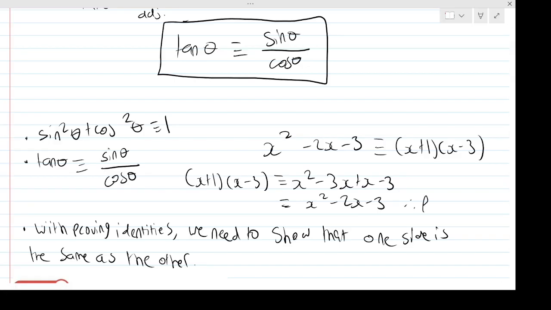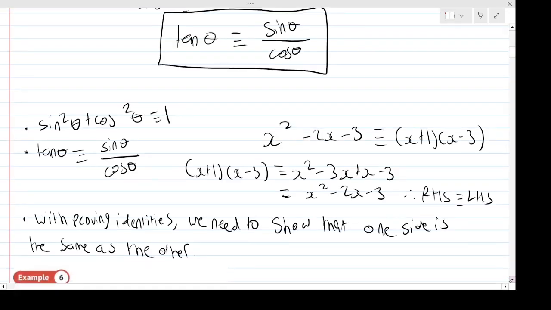So we can say the right hand side, RHS, is identical to the left hand side. And that's how we're going to do these proofs. We're going to work with one side of the identity, and then do some maths and simplify it until we get to the other side. And that's what we'll be doing in this section. But I'll just give a brief overview of the idea of an identity.